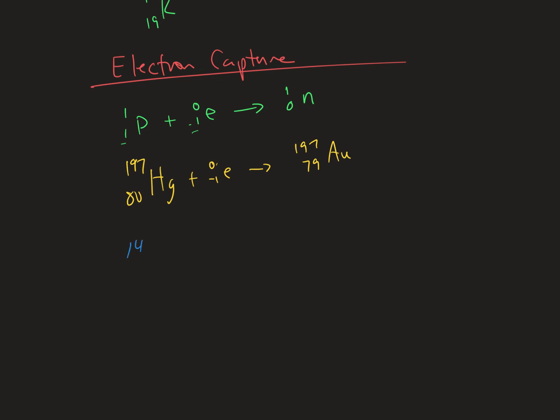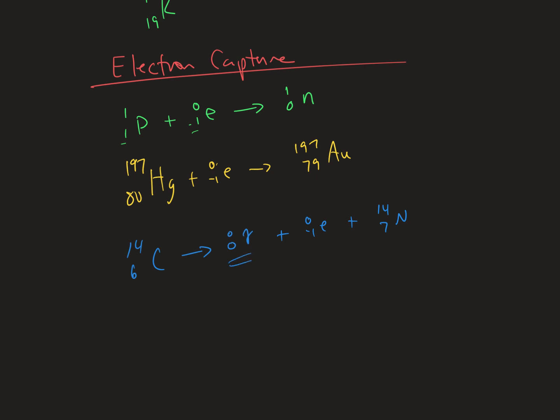If we have carbon-14 and we emit gamma, what are we left with? Carbon-14. Nothing happens, right? So that will not happen by itself. Now, a lot of times what happens is a beta particle pops off too, and we get nitrogen-14, but we also get gamma coming off.